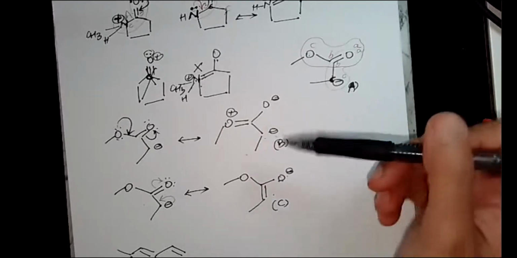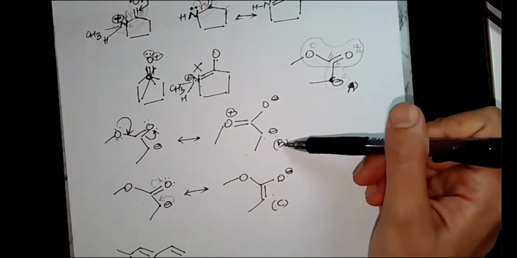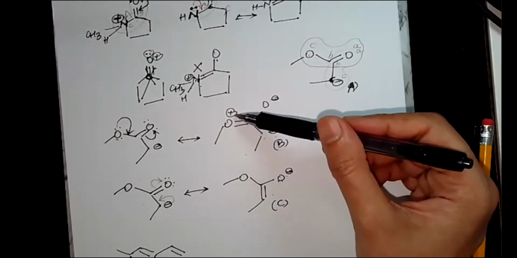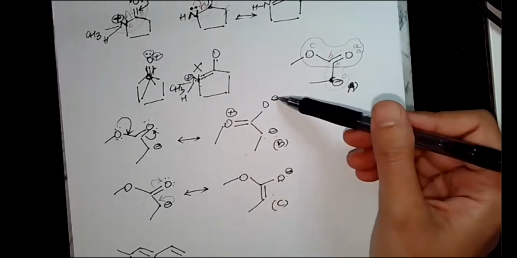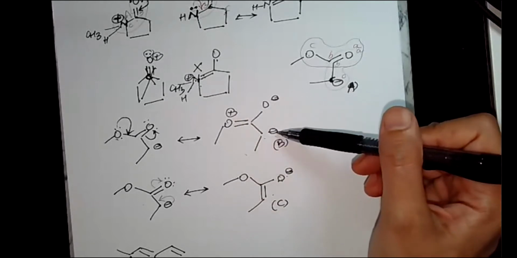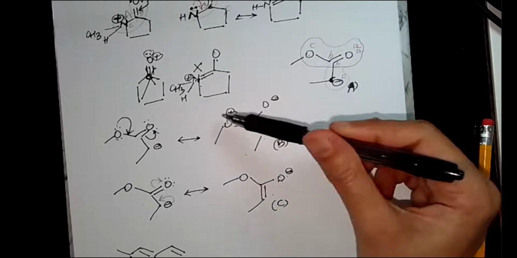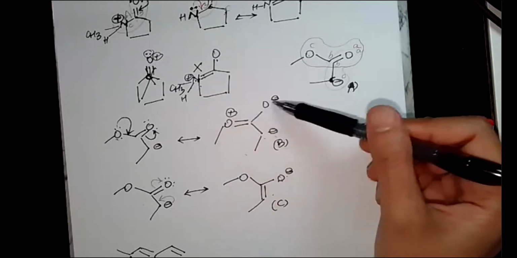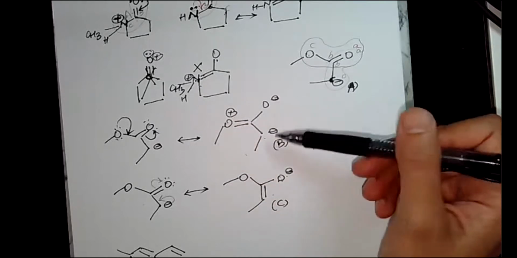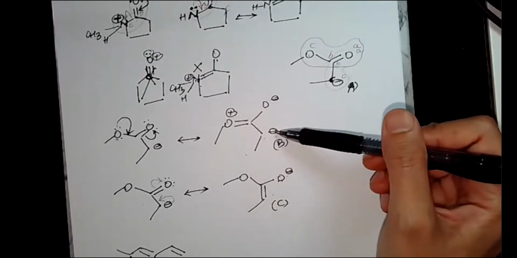On the other hand, if I look at this structure, how many charges do I see? I see a positive charge, a negative charge right here, a negative charge right here. And overall, if I add up, these two are going to neutralize each other. Overall, I will still have a -1 charge.